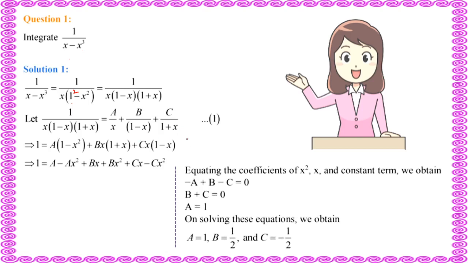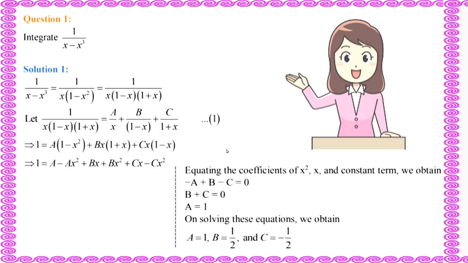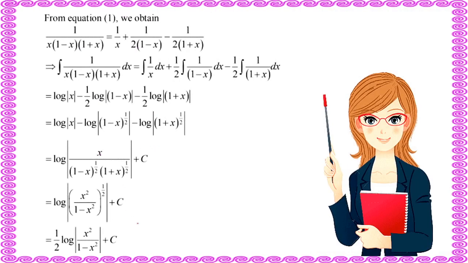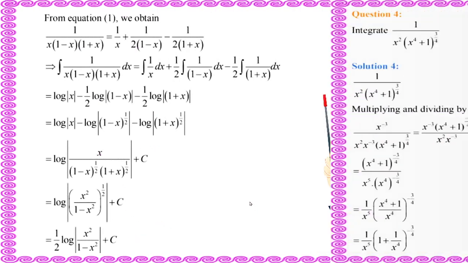Now let's take the LCM, do the comparison, get the values of a, b and c. Now put these values here in equation number 1 and then integrate and get the answer.